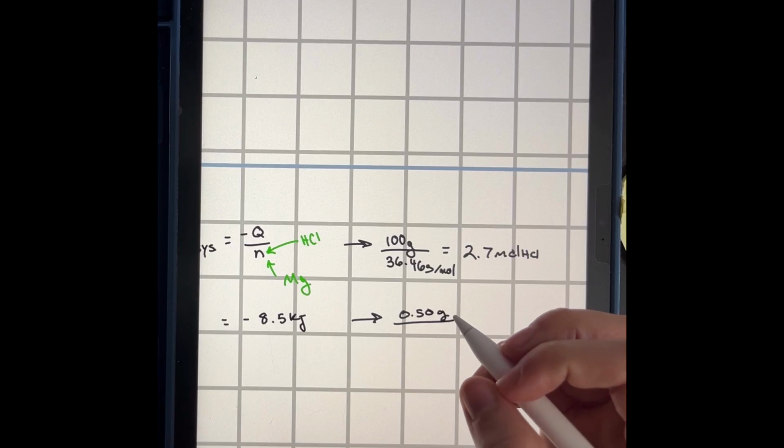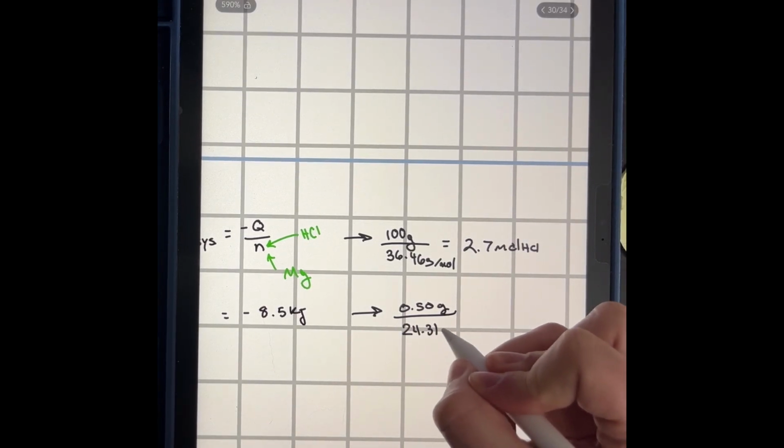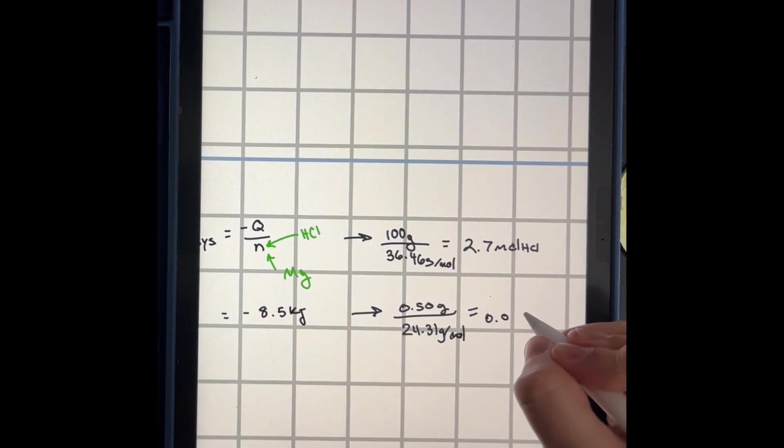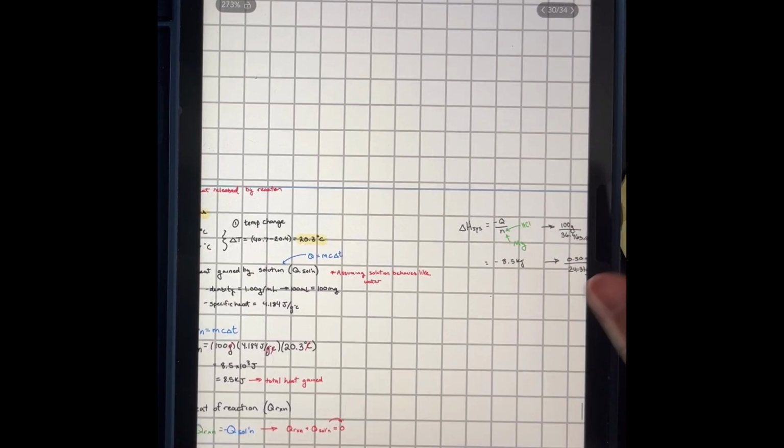The Mg is 24.31, so we get 0.5 divided by 24.31, which is 0.02 moles. Right now, this is looking like our limiting reagent.